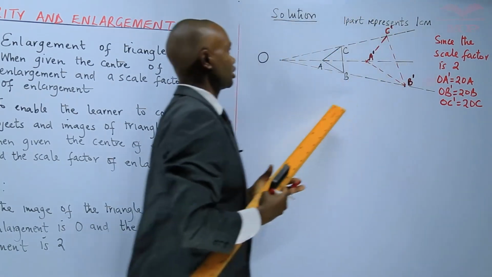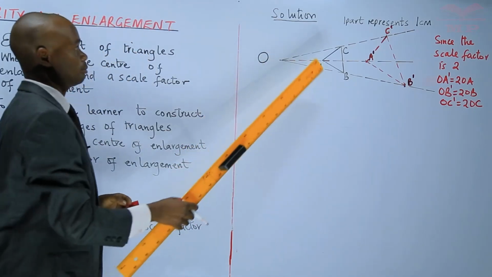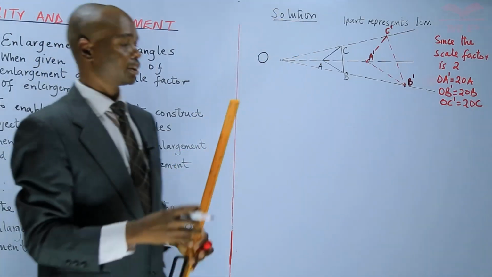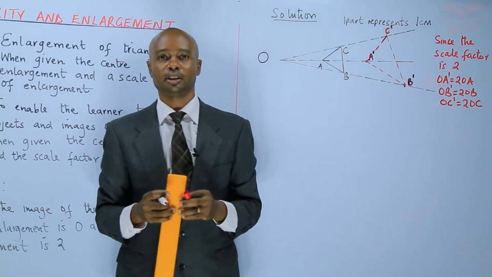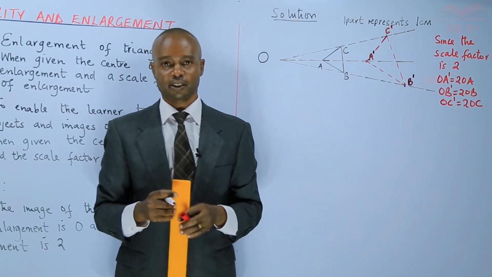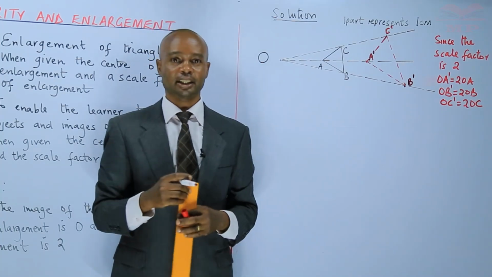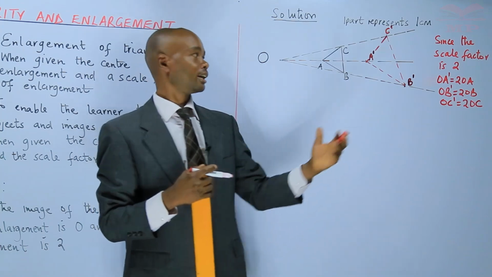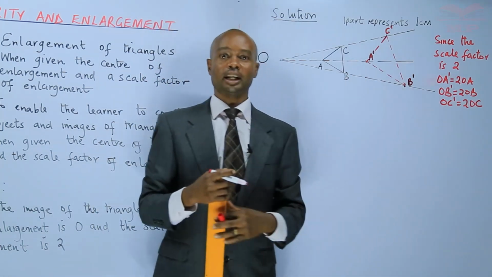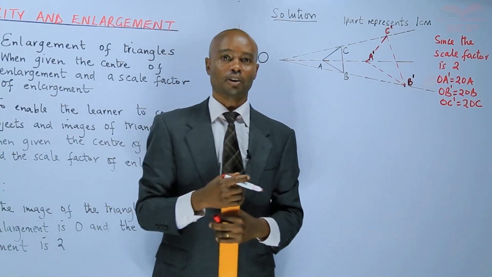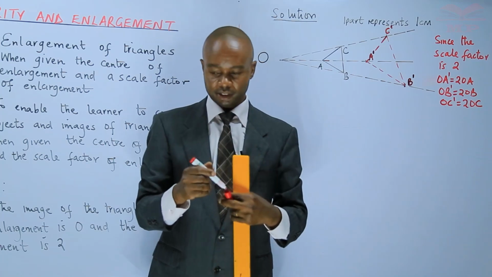And that is the image of ABC under enlargement scale factor 2. That is a positive enlargement, learner. Why? The object and the image are on the same side of the center of enlargement.